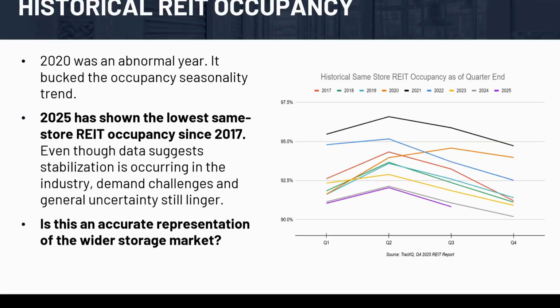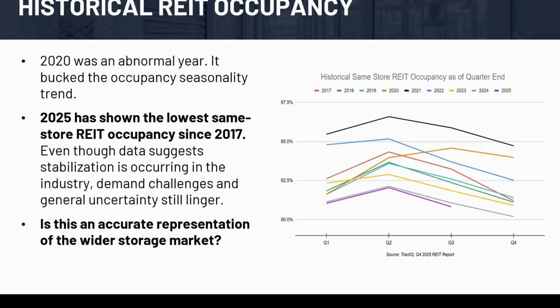And I would argue it's led to this idea that 90% occupancy is what we'll stabilize to. In reality, there are so many more sophisticated operators and smaller operators performing a lot differently than this. Maybe they run their stores differently, instead of boosting occupancy with lower web and street rates, they keep those rates more elevated for higher in-place rents. So this data has shaped the industry in its entirety.